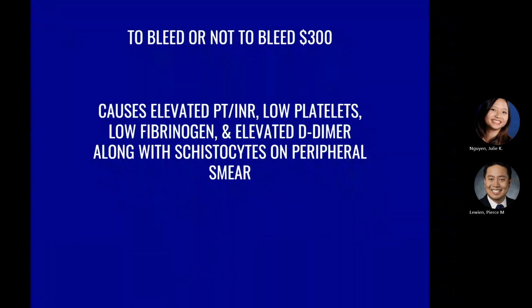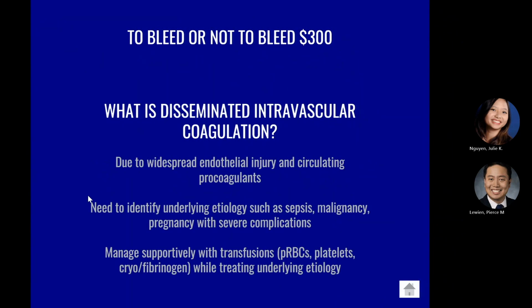Team 1. DIC. Yes, exactly. It basically is because of widespread endothelial injury and circulating coagulants. Supportive management is mostly just treating the underlying conditions, and you would see schistocytes here. It is mostly associated with sepsis, malignancy, and pregnancy with severe complications.